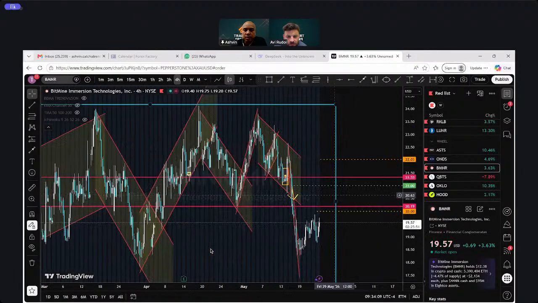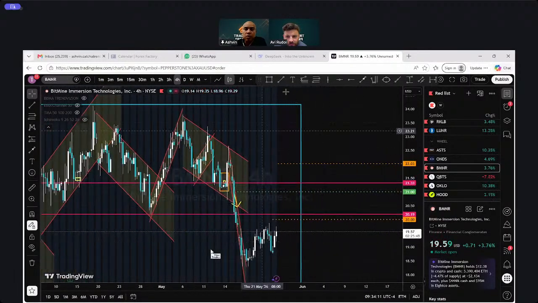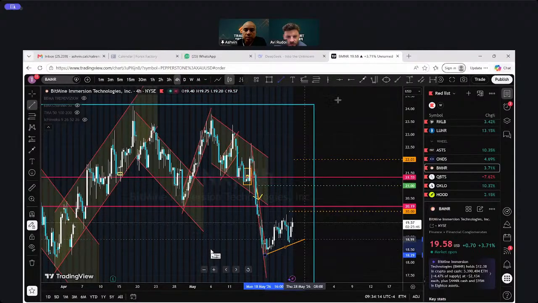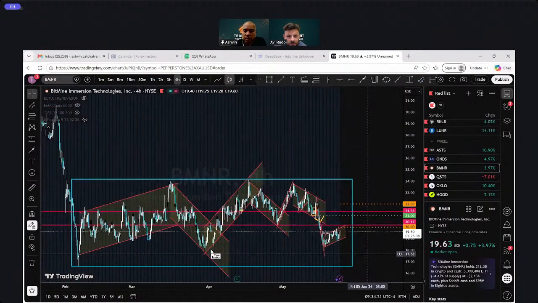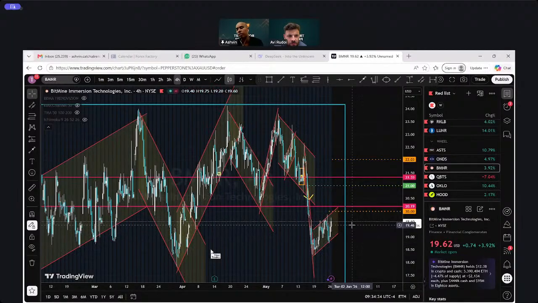It broke out of the channel. It's slowly making another climb. So BMNR still now it's coming back into a channel, which is a control movement. So you probably can do the wheel strategy on BMNR once they make another channel out of this channel, okay? So we gotta wait for a while.